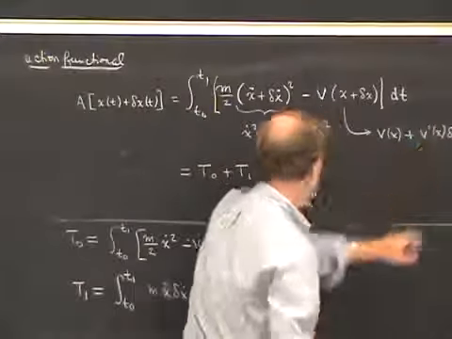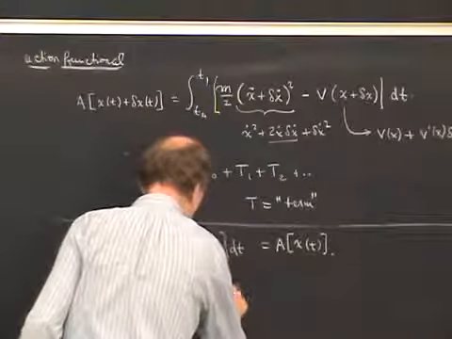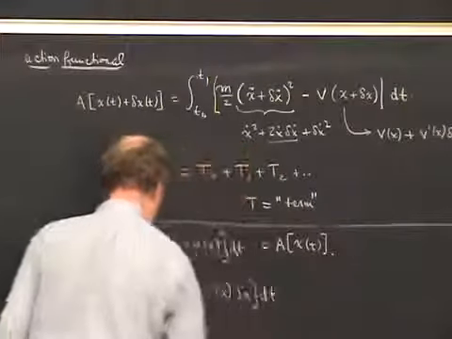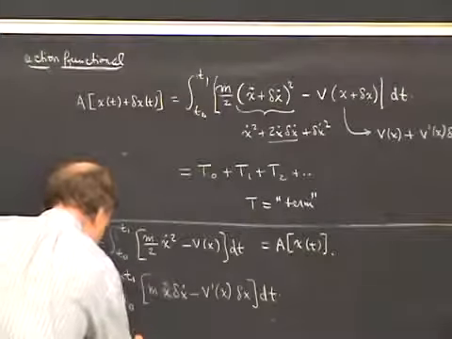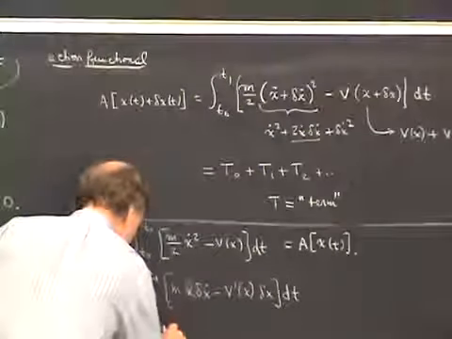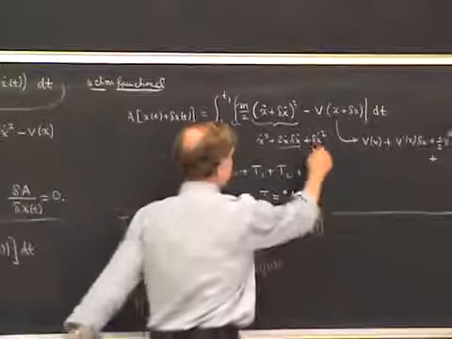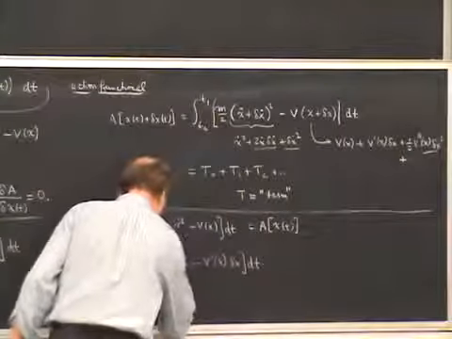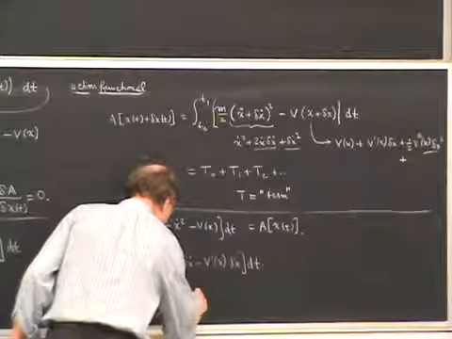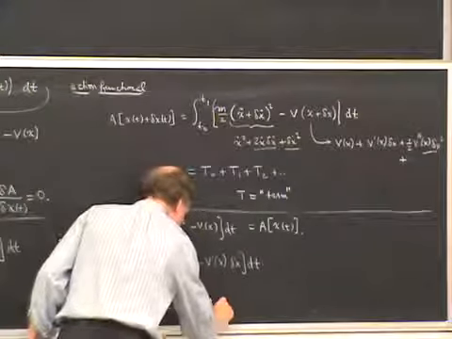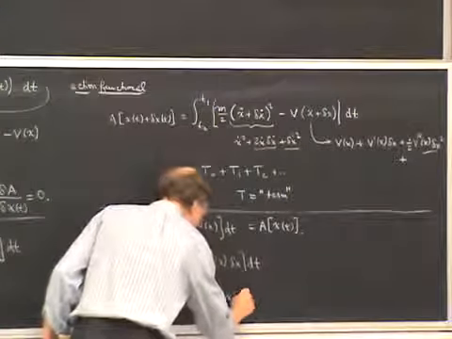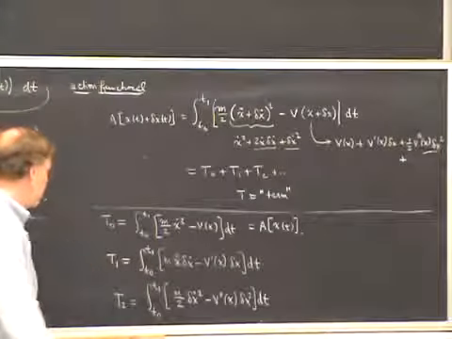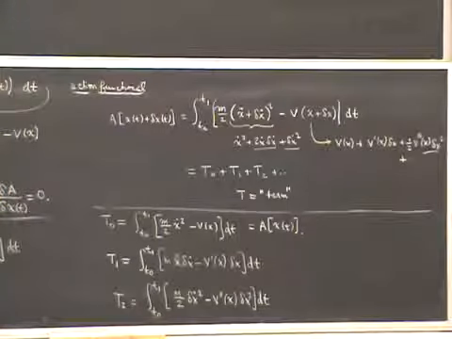And then for the potential energy, I get a minus V prime of x times delta x, and that whole thing is integrated dt. And then T2, the second order term, is the integral from t0 to t1. So now I need to take the quadratic terms: delta x squared here, delta x dot squared there. So it becomes m over 2 delta x dot quantity squared minus V double prime of x times delta x squared, dt, etc. You can keep on going. There's higher order terms as well. But for the second order, this is what we get.